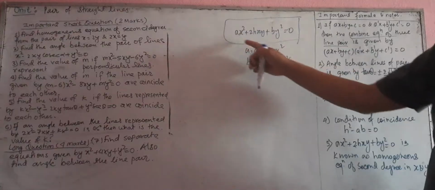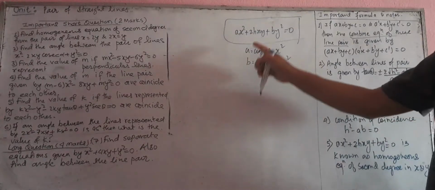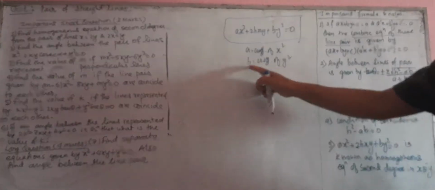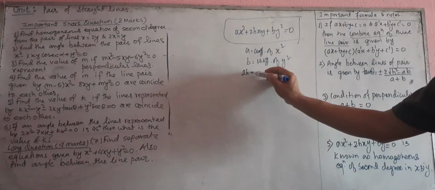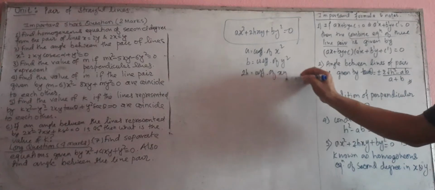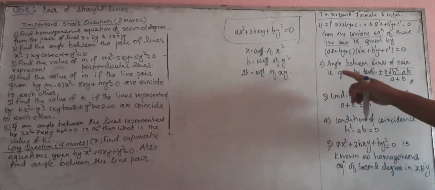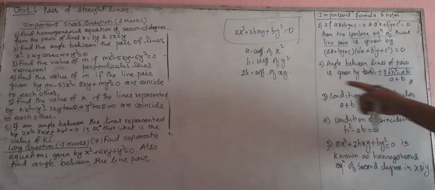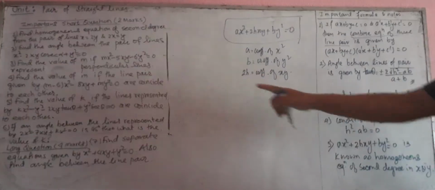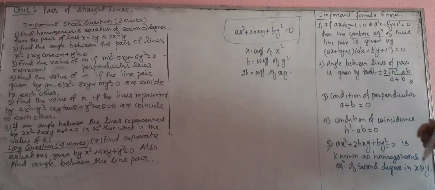So it is a homogeneous equation of degree 2 in x and y, where a is the coefficient of x square, b is the coefficient of y square, and 2h is the coefficient of xy. So in the angle between the line pair, we have to find a, b, h, and then use this formula to find the angle between the line pair.